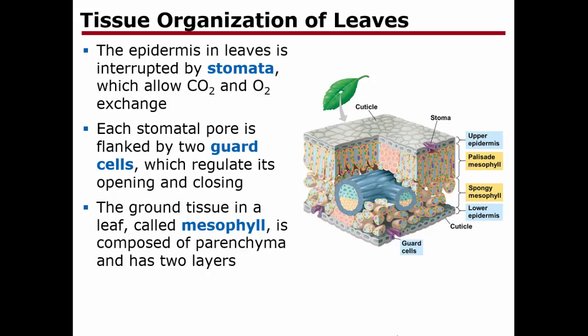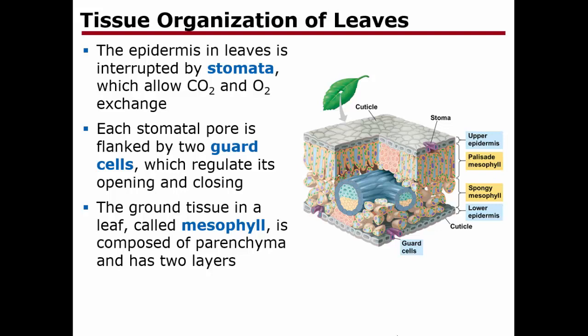The upper layer, which is known as the palisade mesophyll, has elongated and tightly packed parenchyma cells. And the tight packing of these cells on the upper surface of the leaf is optimal for absorbing a lot of energy from the sunlight.